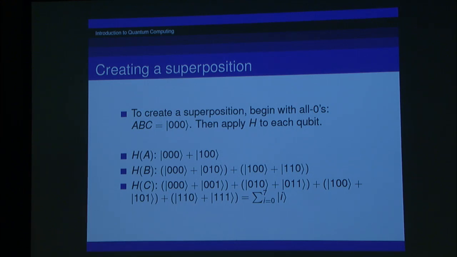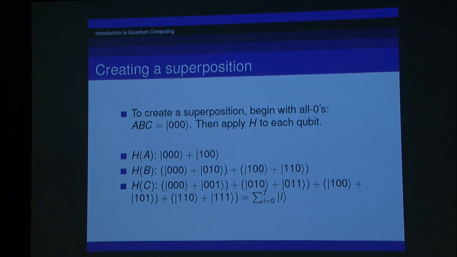Creating a superposition. This is one of the big roles that the Hadamard plays, is that it creates a superposition. So what you do is you start with all zeros, and then you apply Hadamard to each qubit separately. Remember, 0 goes to 0 plus 1. So here we apply it to A, and we get a 0 plus 1 there. Now apply it to B. Now A is distributed through 0 or 1, and B also distributes through 0 or 1.